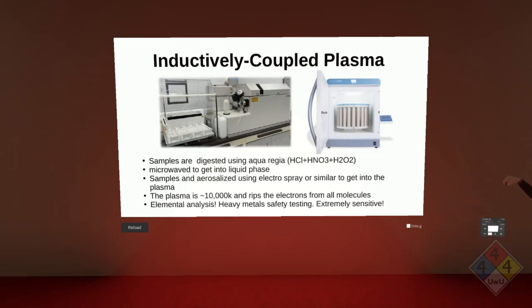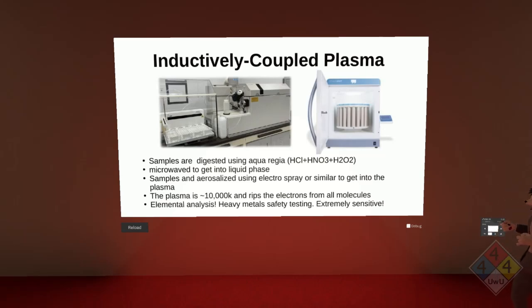So you take an extremely acidic solution and then you spray it. It gets into an aerosolized spray, and that is then directed into a plasma. The aerosolized spray uses an electrospray, inducing a Coulombic explosion to get it into a finer mist than you would get from, let's say, a squirt nozzle.